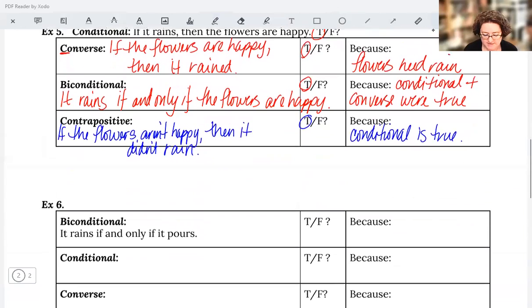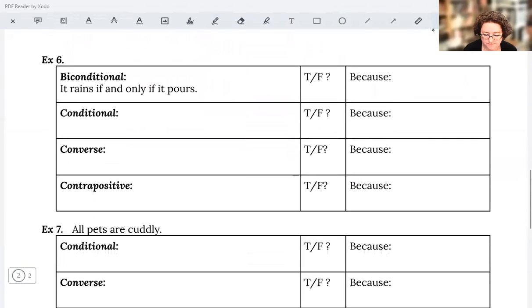Here we go, example 6 on the back. So this one I gave you slightly different order. So we started with biconditional statement. So before we can determine if that's true, what are we going to need to know? Well, we need to know if the conditional is true, and we need to know if the converse is true. So let's write those. And again, doesn't really matter which order we're looking at.